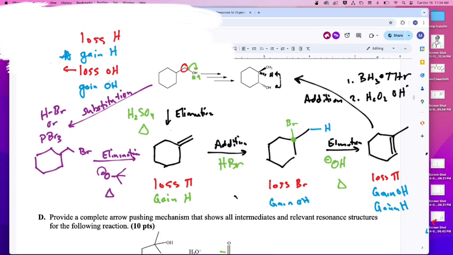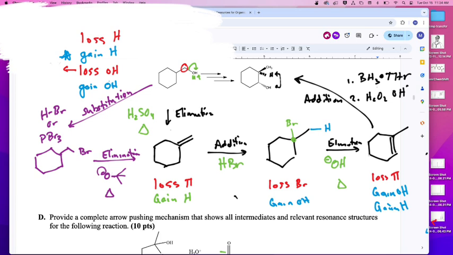Yes? Is there any way we can do the same thing with an epoxide? If you wanted to do an epoxide, is that possible?